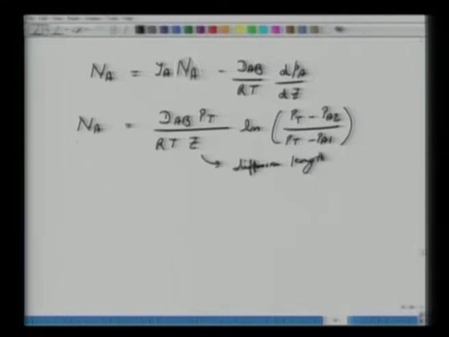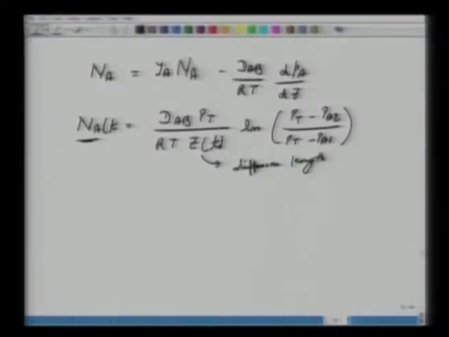Now look at this problem. We obtained this expression for a steady state, so that means diffusion flux NA does not change with time. Here we see that NA depends upon Z, but Z itself is a function of time, which means NA is also a function of time, because all the rest of the quantities are fixed.